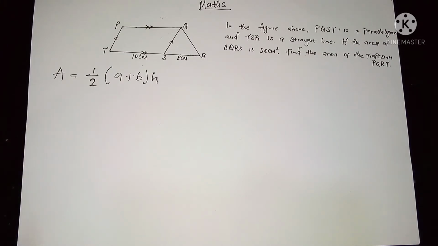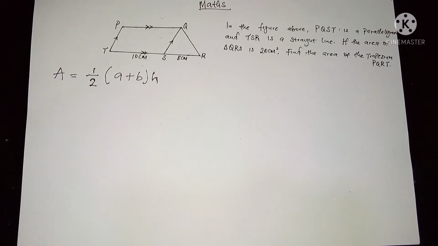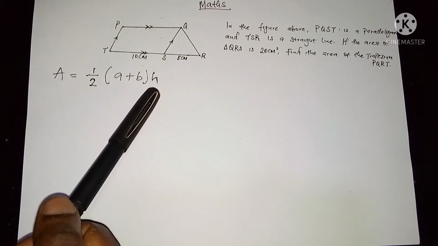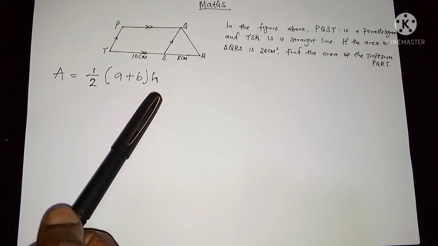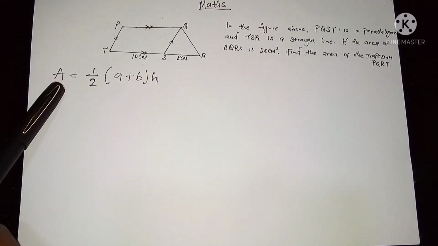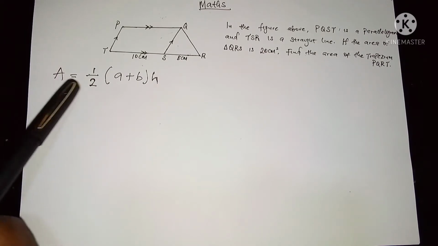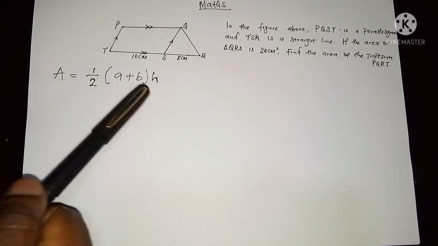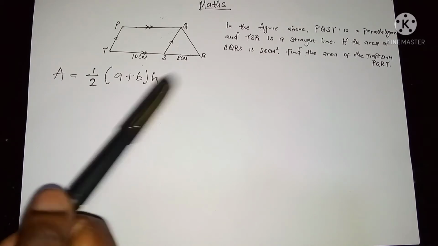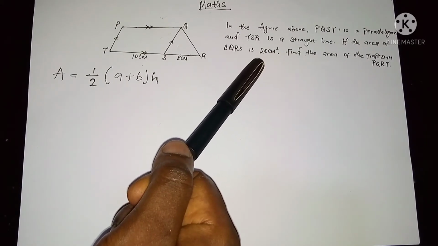Very quickly we can substitute in the values to get the area, but the parameters are not complete. We don't have the height yet, and we can't look for the area without it. Remember, we were told that the area of this triangle is 20 centimeters squared.